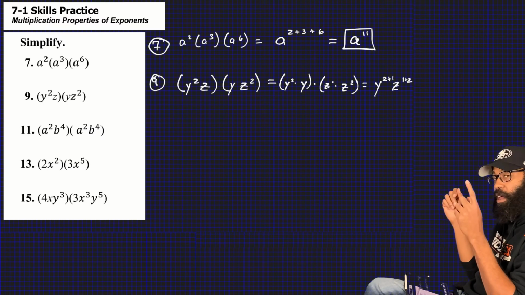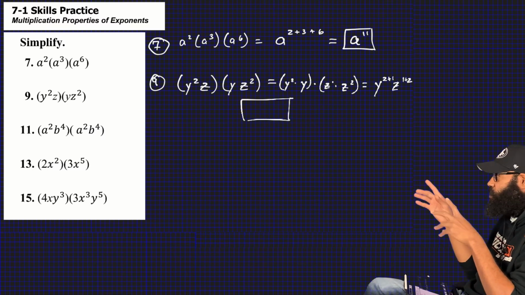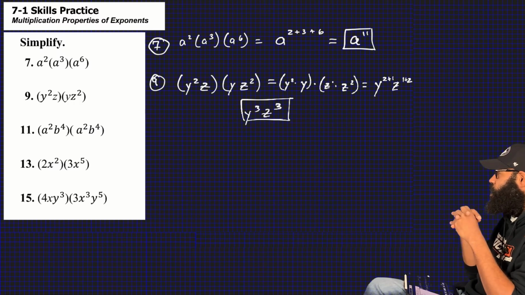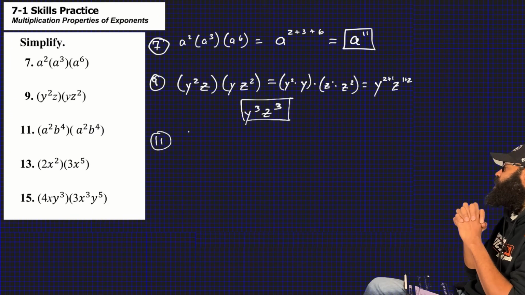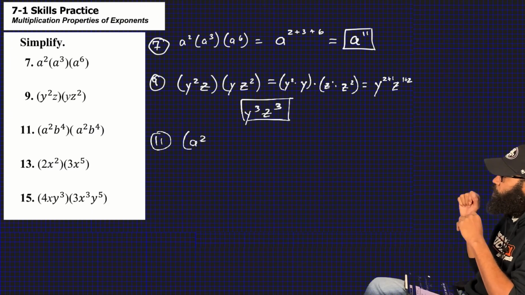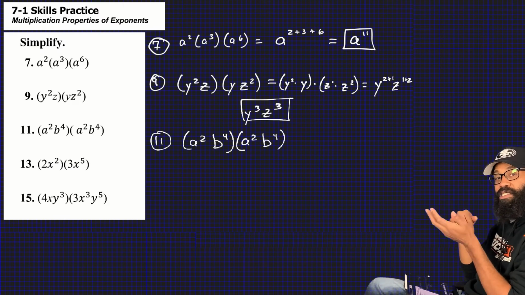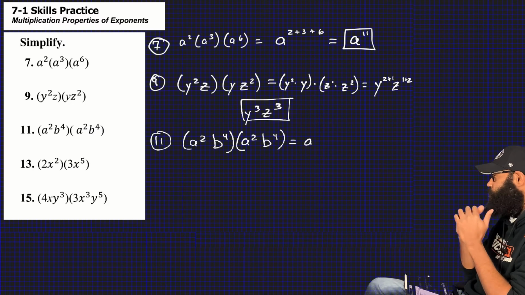The exponents are what we're adding. So there it is, y to the power of 2 plus 1, and then z to the power of 1 plus 2. So you can see I'm using the exponent rules, showing the operation of addition when I'm multiplying exponents.